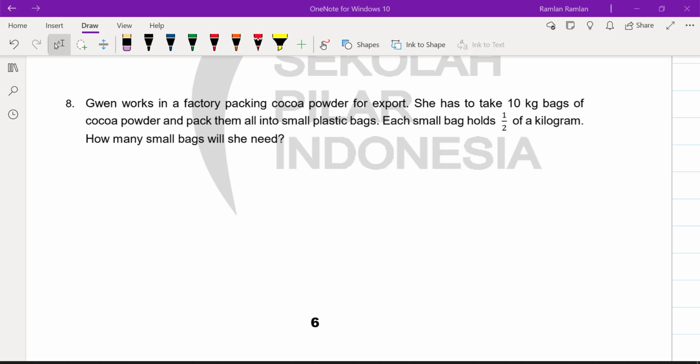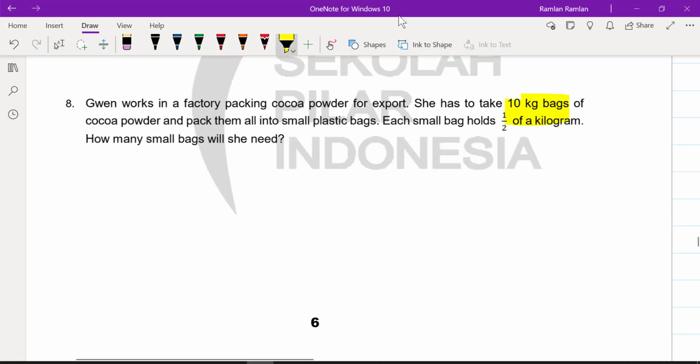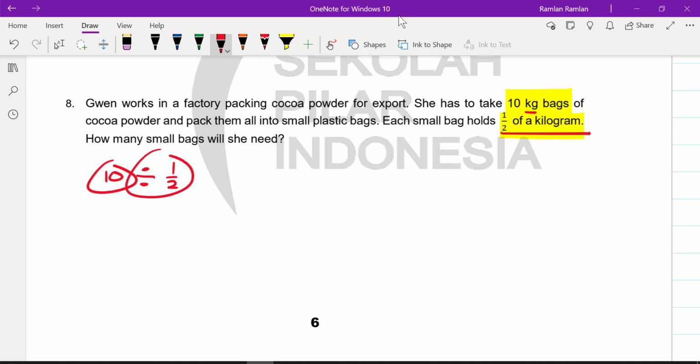So this is pretty easy, because the 10 kilogram needs to be divided into small bags of half a kilogram. So the operation is just 10 divided by 1 over 2, that's 10 kilogram divided by half a kilogram.